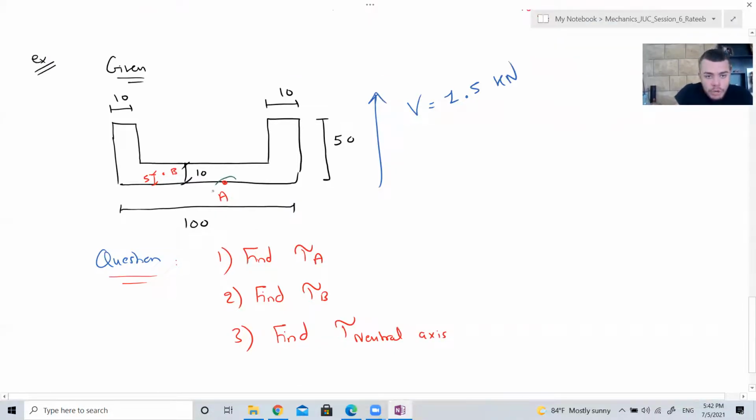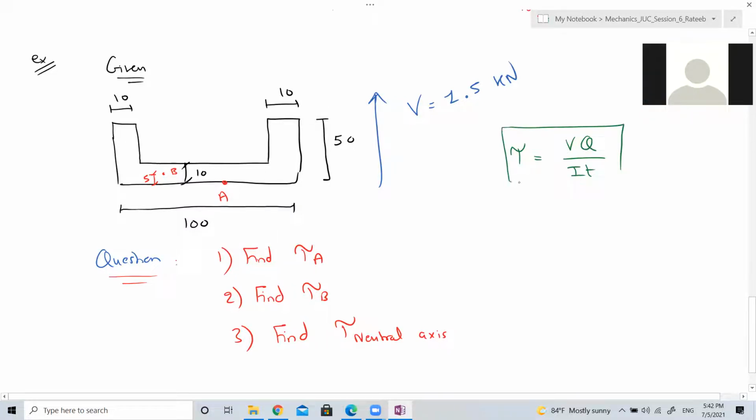So you have this point, which is A. You have this point, which is B. And you need to find the shear stress at those points. Plus, you need to find the shear stress at the point on the neutral axis. What is the formula for the shear stress? VQ over IT.